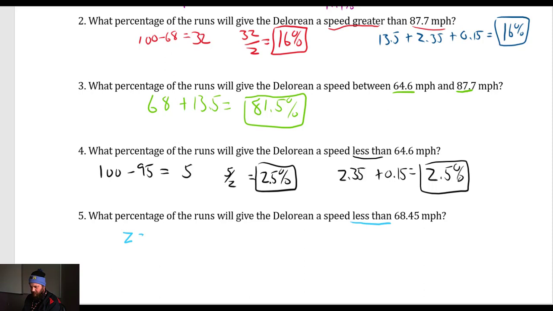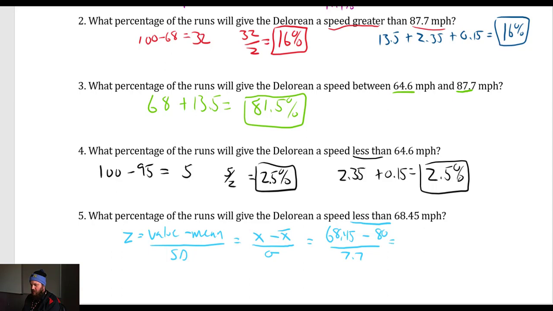Our z-score is your value minus your mean over your standard deviation, which is the same thing as saying x minus x bar over sigma. So we'd have 68.45 minus our mean of 80, all over the standard deviation of 7.7.